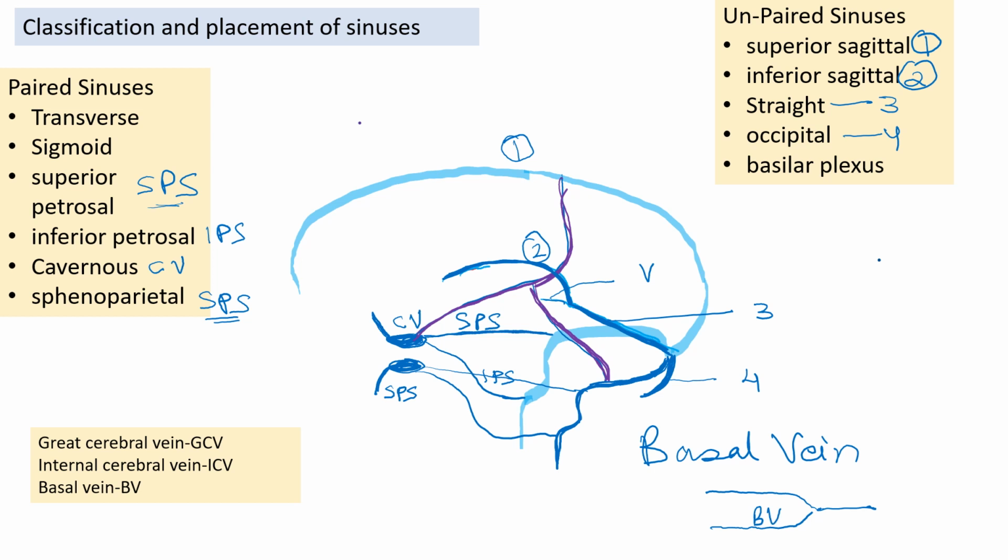Let me correct it over here. This is the great cerebral vein. The basal vein and the internal cerebral vein together will form the great cerebral vein. Okay.